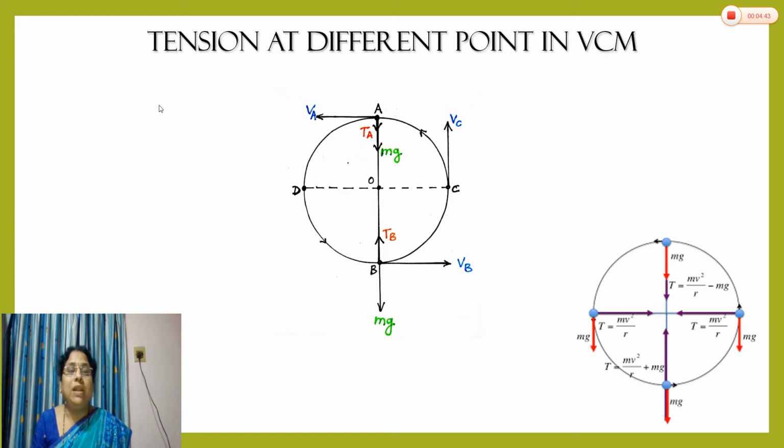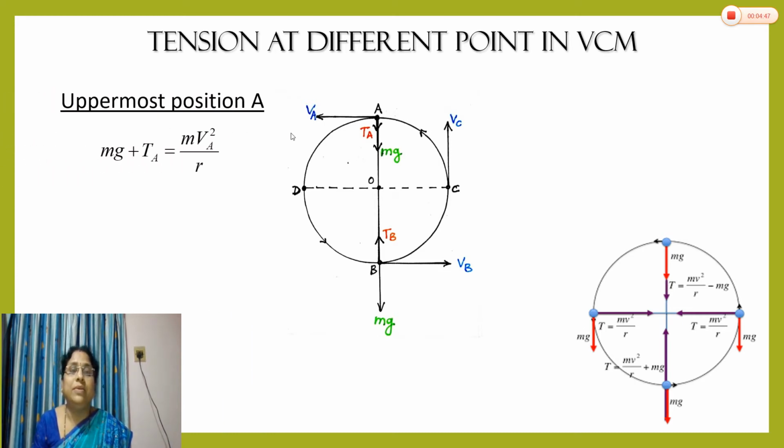At the uppermost position we can write one equation: mg plus Ta, the weight plus the tension, provide the centripetal force, that is m Va square upon r, where Va is the velocity at the uppermost point A. Therefore we can calculate the tension Ta: tension is equal to centripetal force minus weight.